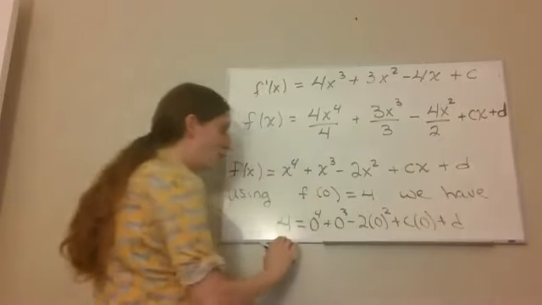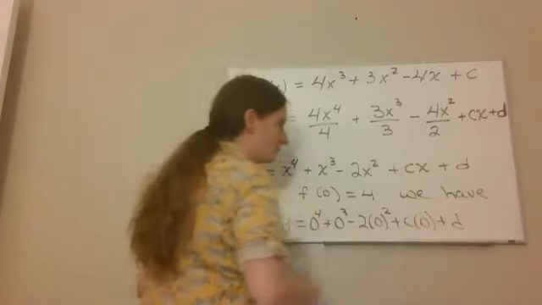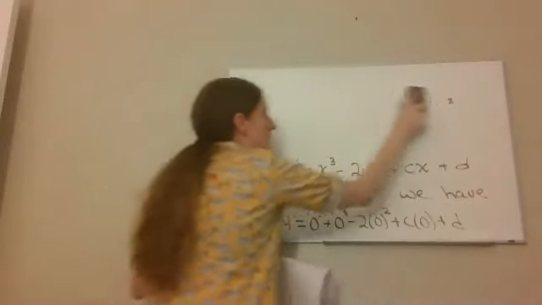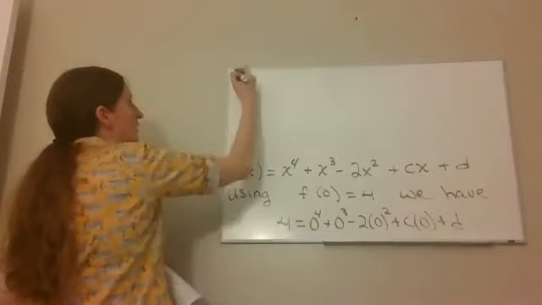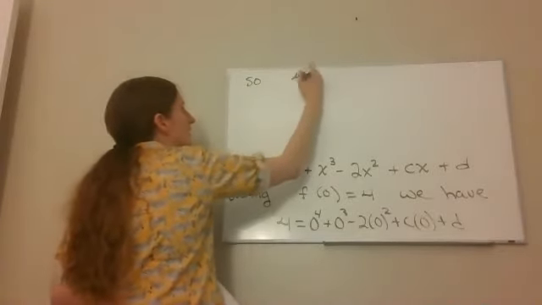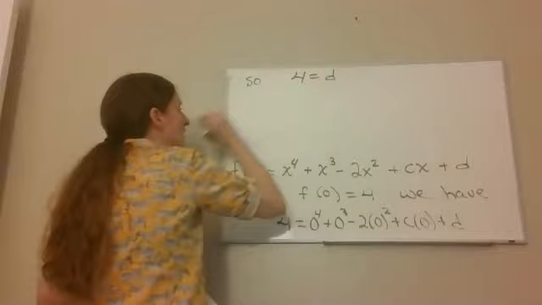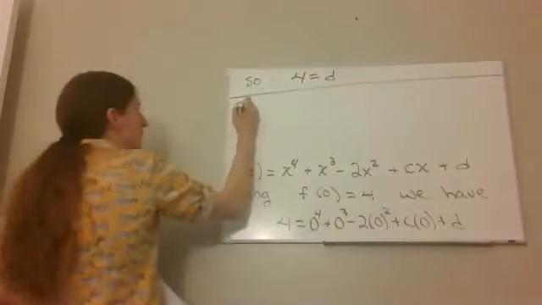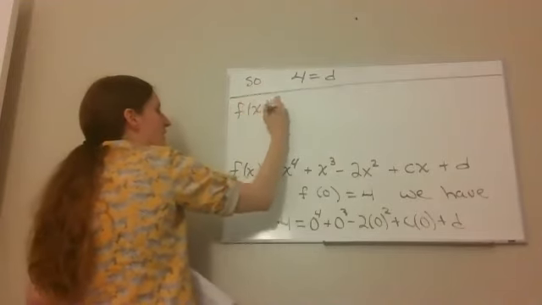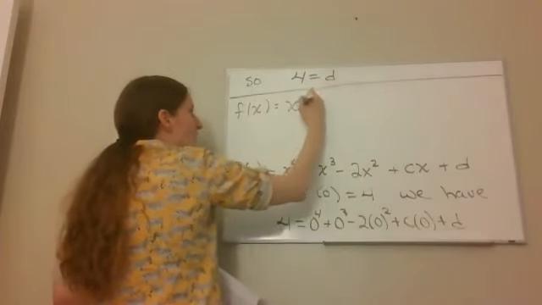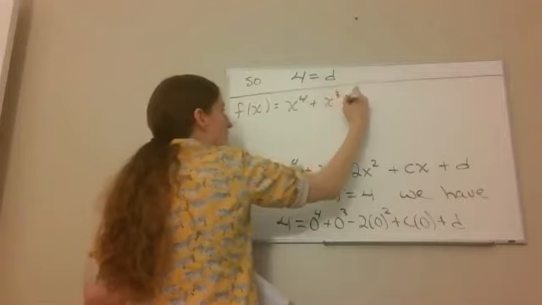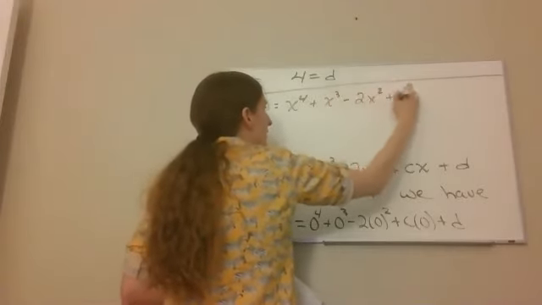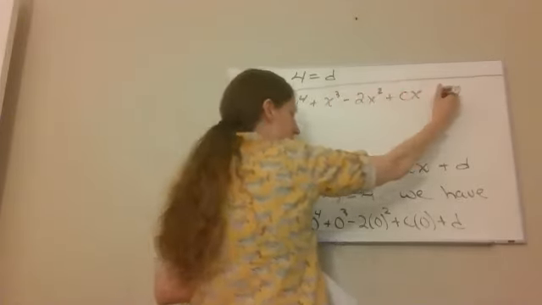And I get that 4 is equal to d. So now I have what d is. Let me rewrite what my function looks like. I have x to the fourth plus x to the third minus 2x squared plus cx plus my d, which is 4.